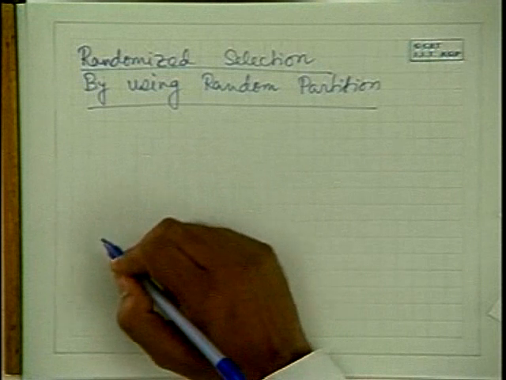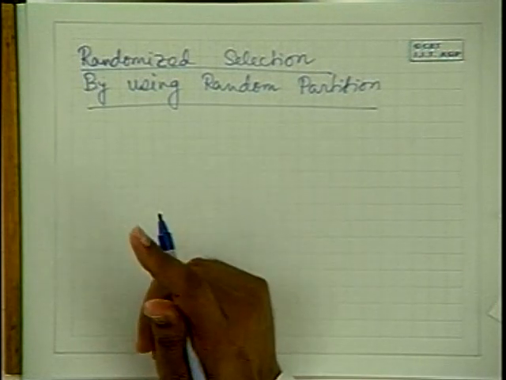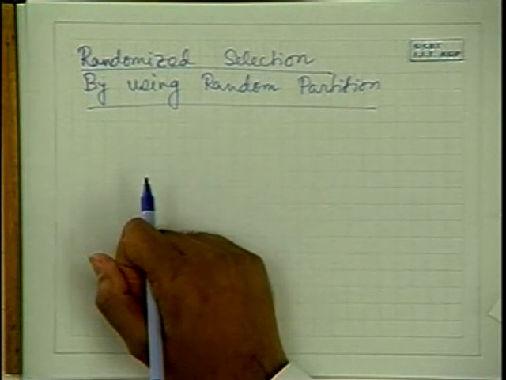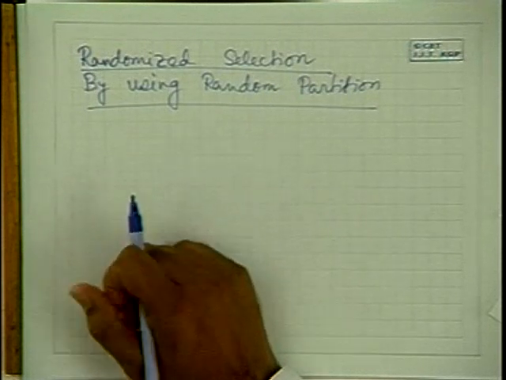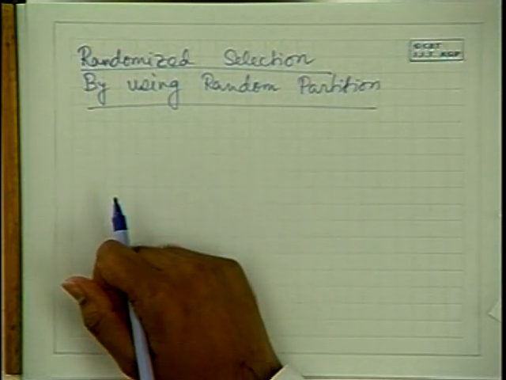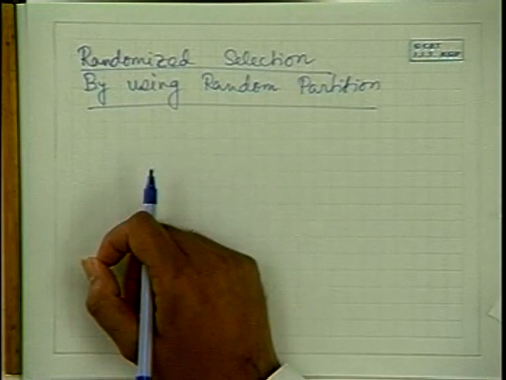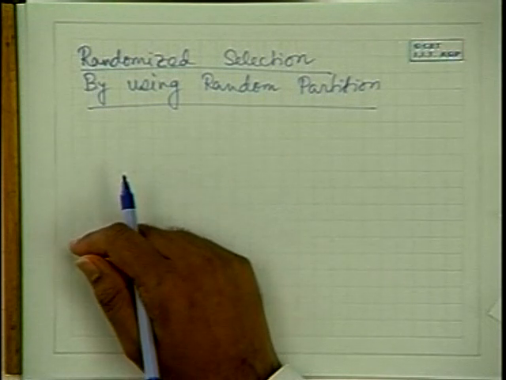Now you have to recall something from the previous class. I told you in the partition routine there are two cases where it partitions into 1 and n minus 1. When k is equal to 1, that is the pivot is the smallest element, then the partition will be 1 versus n minus 1.